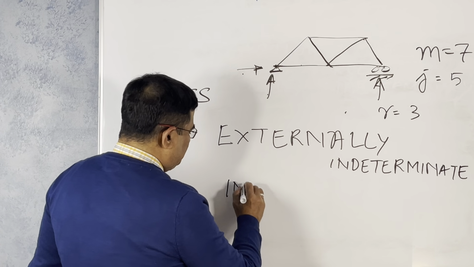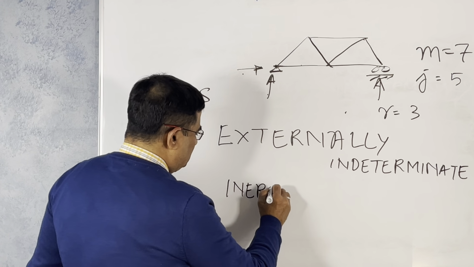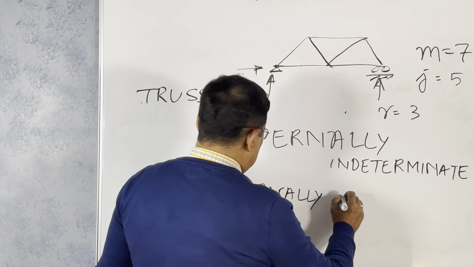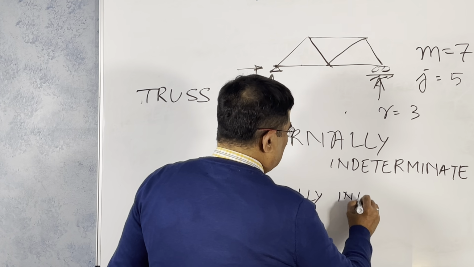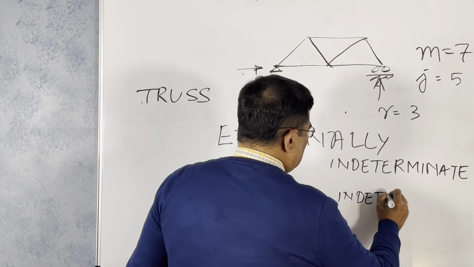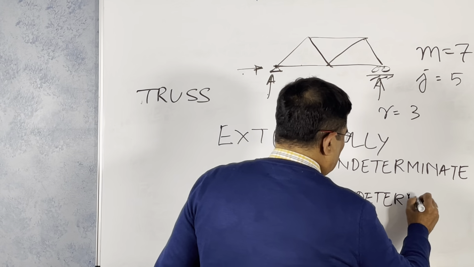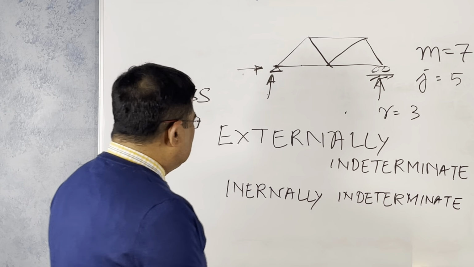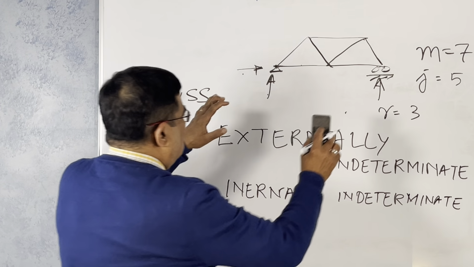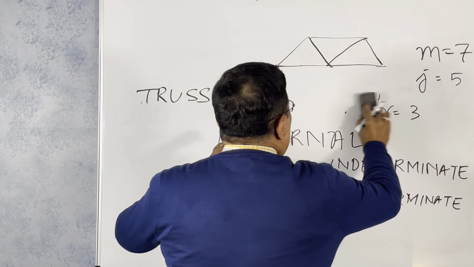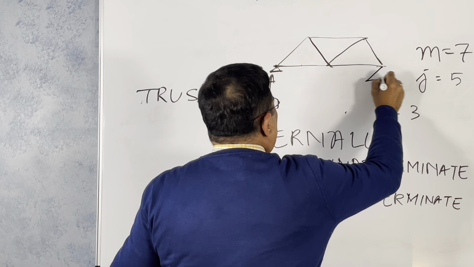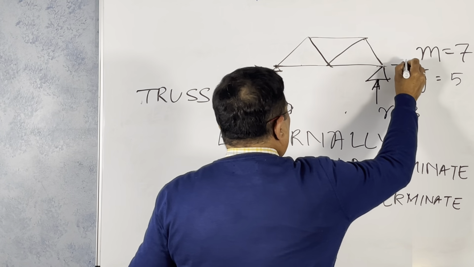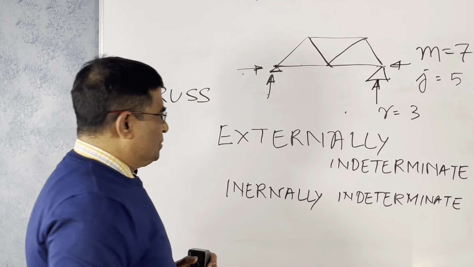Externally indeterminate means, suppose you have a pin joint there, that means it has vertical and horizontal reactions.